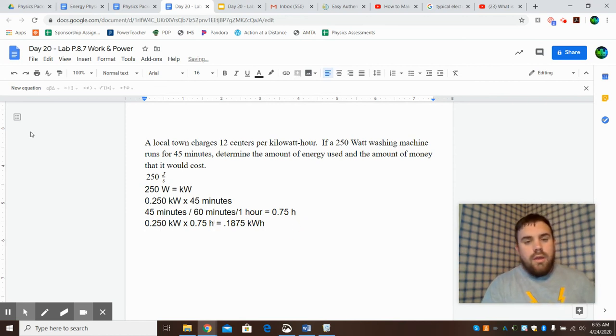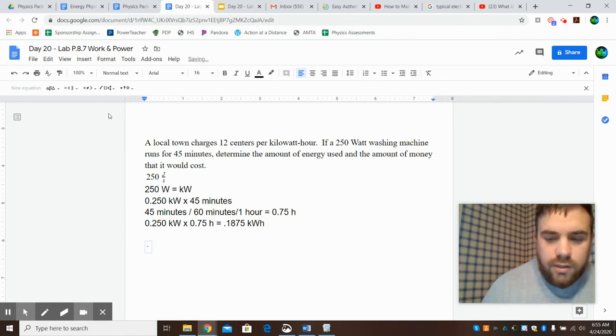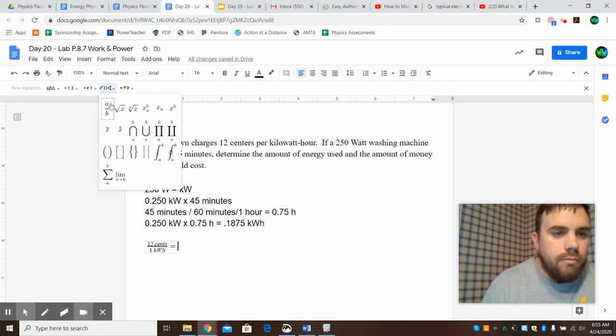Now, if I want to find out how much it's going to cost me, then all I need to do is set up a simple proportion. I can say 12 cents per 1 kilowatt hour, but I'm not even running 1 whole kilowatt hour. I'm running much less than that.